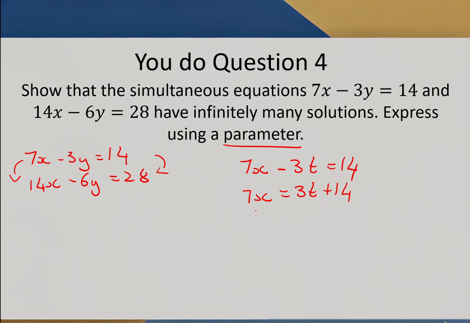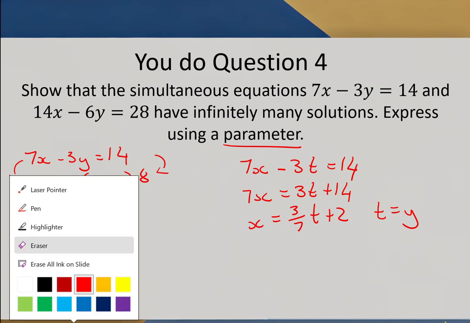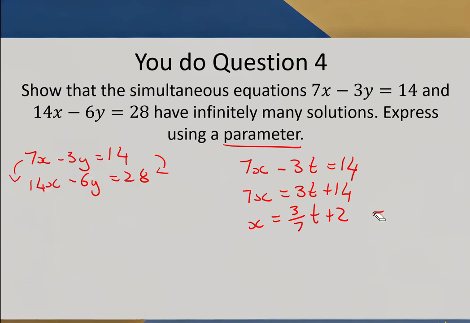I'll divide everything by 7. So x will be 3 over 7t plus 2. And t will equal y. So I'll erase that part and change it because I wrote it down wrong. I should be saying y is equal to t. So that will give me every single point on my line.